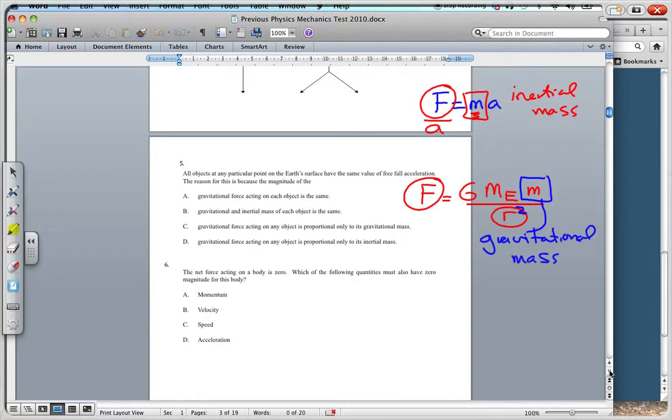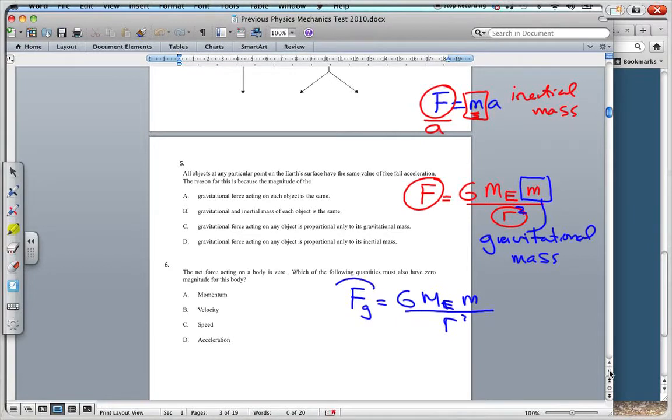Now, if I have an object and it's been attracted by the Earth, then it will experience a force due to gravity, which would equal big G, mass of the Earth, mass of the object divided by basically the radius of the Earth squared.